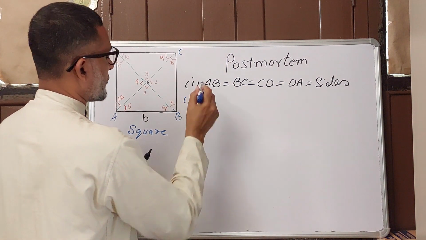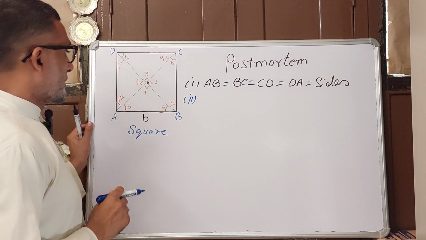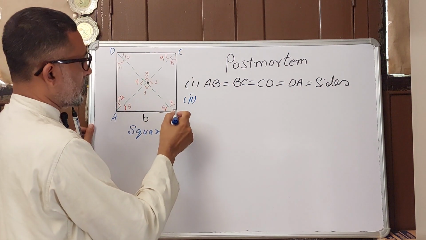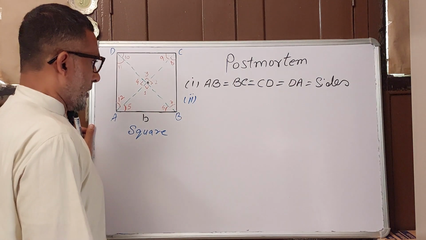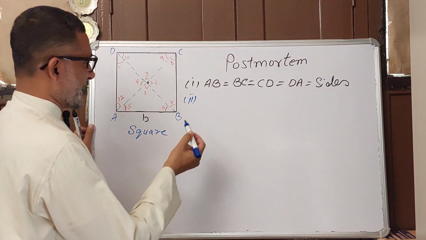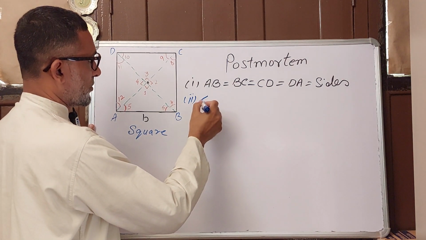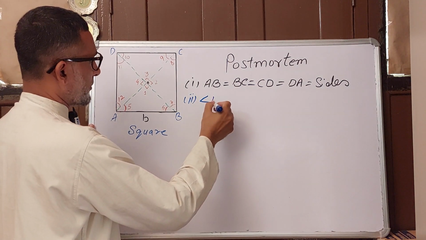What else am I seeing? That all sides meet each other perpendicularly, at 90 degrees. So we write that all our angles are equal also. All are 90 degrees.